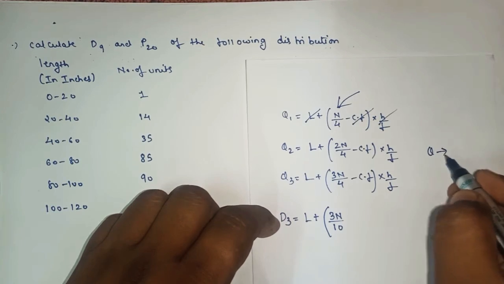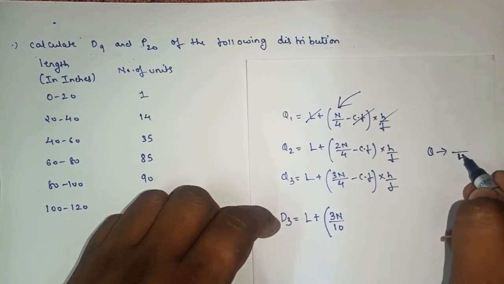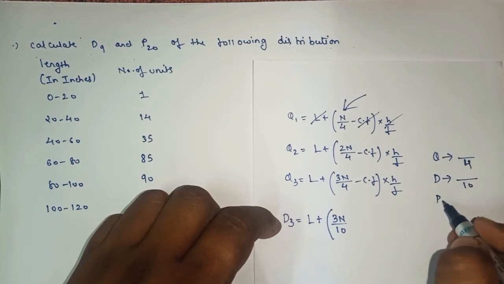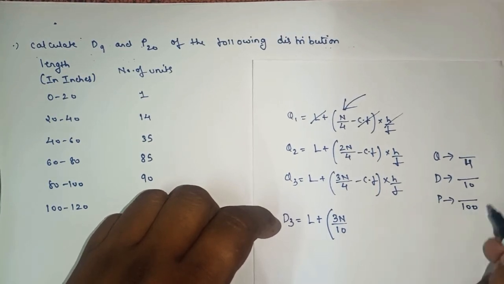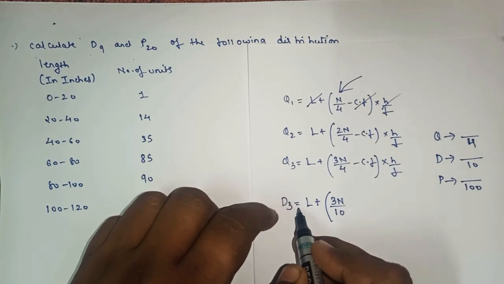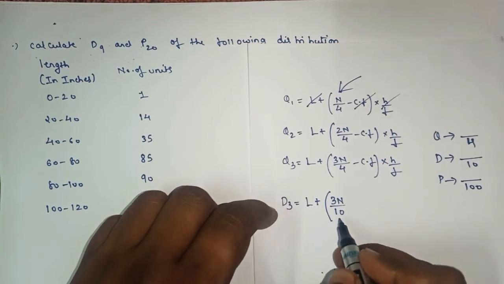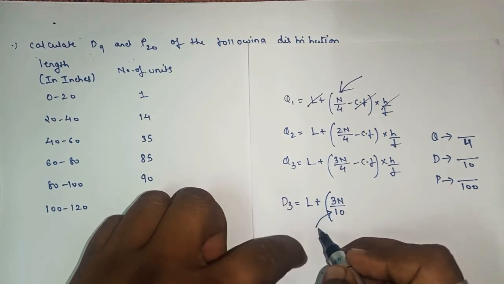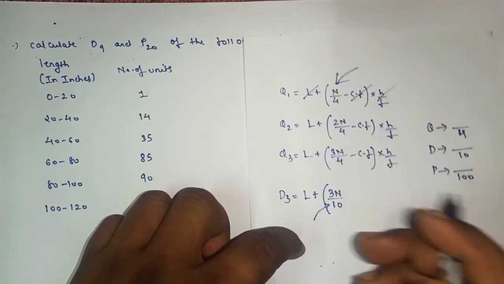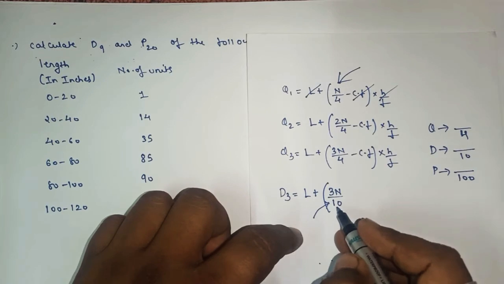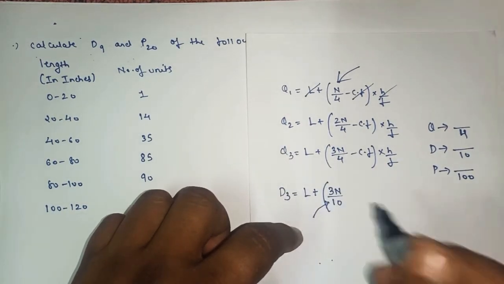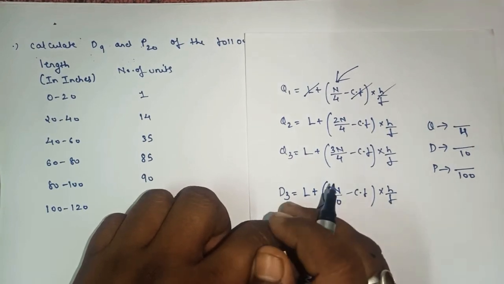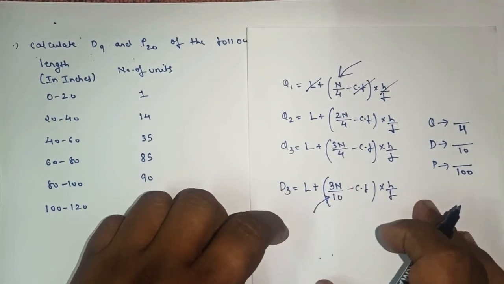For quartiles, we divide by 4, for deciles divide by 10, and for percentile divide by 100. Remember this. So d3 will be equal to L plus 3n upon 10. Don't forget to write 10 here, and don't write 4. Deciles means 10, quartiles means 4. So minus cf into h upon f. In this way you have to frame your formula.